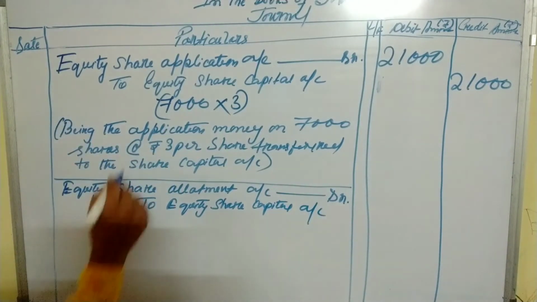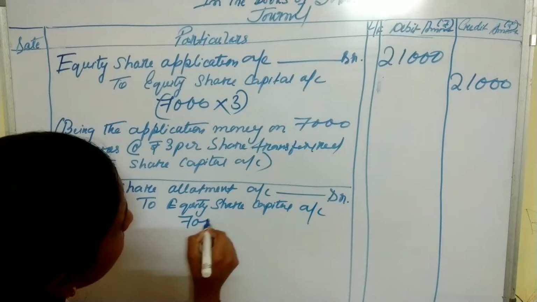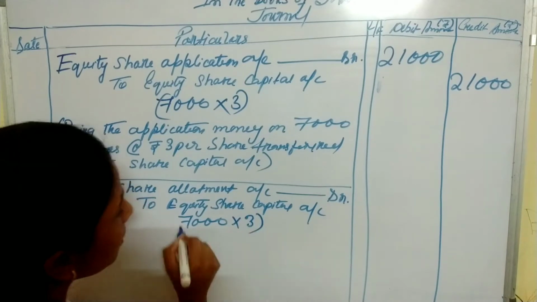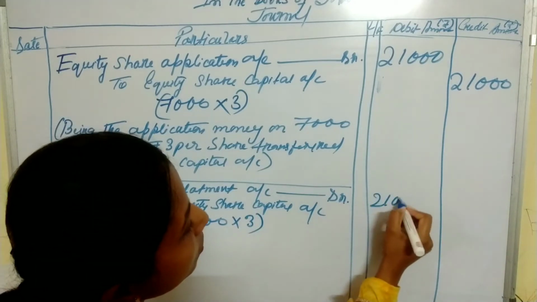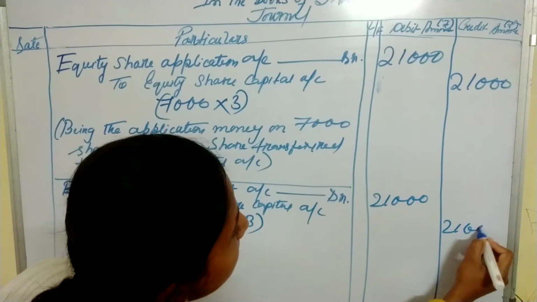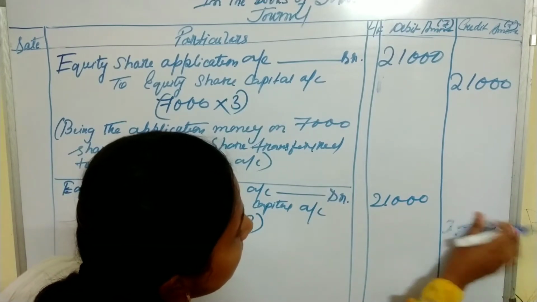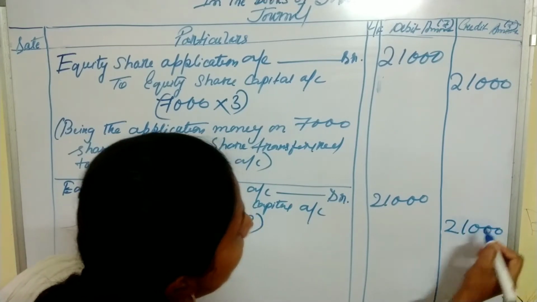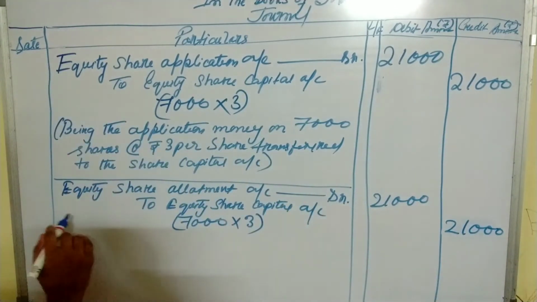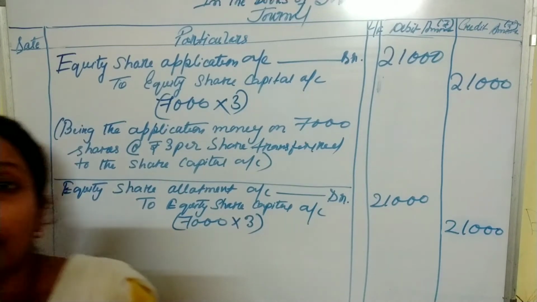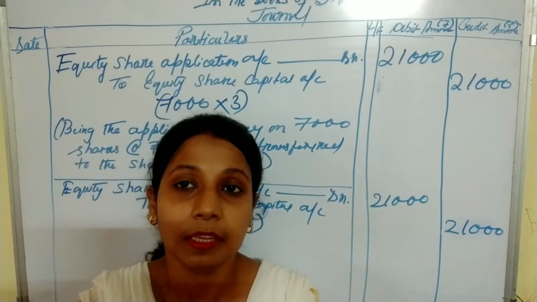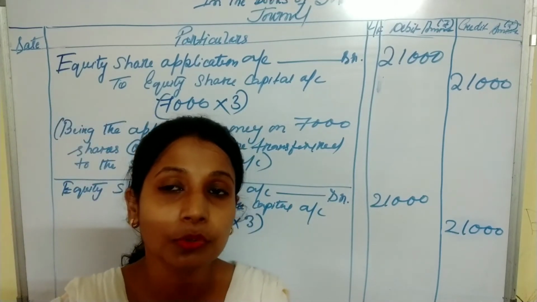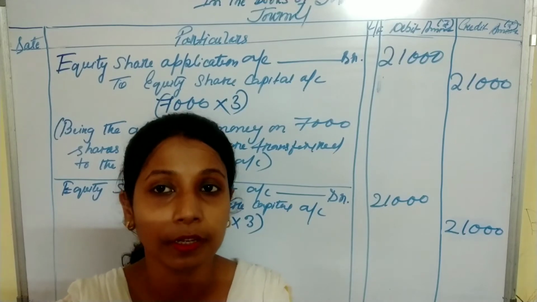Now see, what is the number of shares? 7,000 and the rate of allotment in our question is rupees 3. So here also 21,000. Now see the entry, equity share allotment to equity share capital. That is, the company is asking the shareholders to give the allotment money. It is the due entry for allotment.